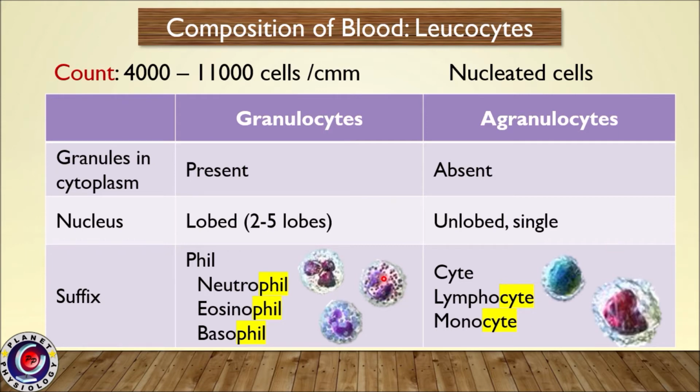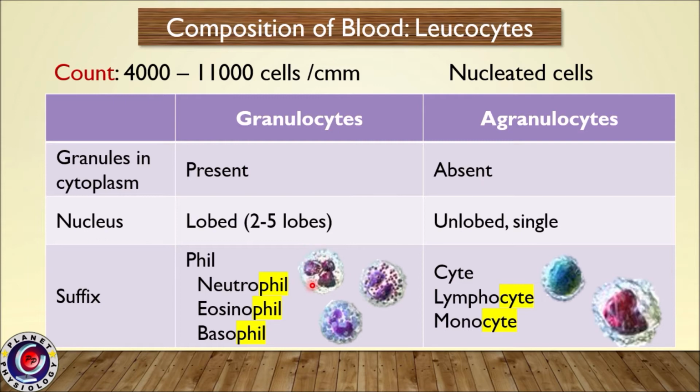Routinely 2 to 5 lobes of the nucleus will be present in granulocytes, but the nucleus in agranulocytes will be either unlobed, single nucleus, or it may show slight indentation. Granulocytes are classified based on the staining property of the granules, and therefore these cells have suffix phil. Philia means affinity, attraction. So, first is neutrophil.